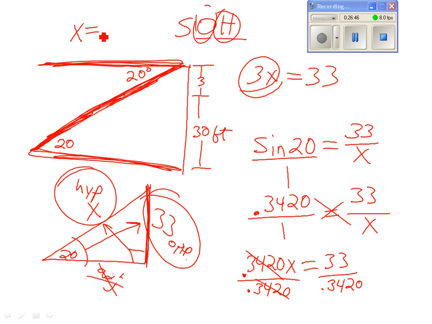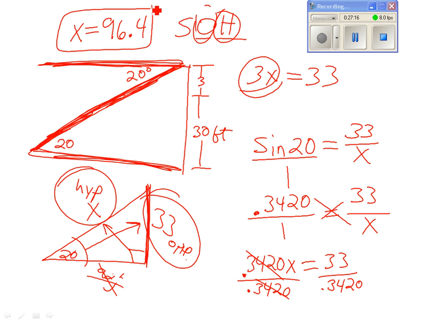So I look at this and I say, my number should get bigger by 3 times, because that's 1/3. Well, I know that the answer should be somewhere around 99, right? So if I come up with 600, I know I messed up somewhere. If I come up with 50, I know I messed up somewhere. What is 33 divided by that? 96.49. I'll just say 96.4. Is that pretty close to 99? Yeah. That was a pretty good guess on my part, right?